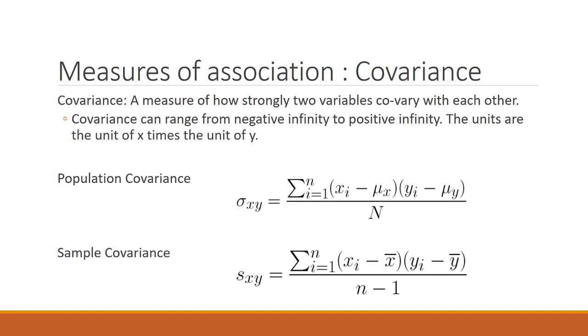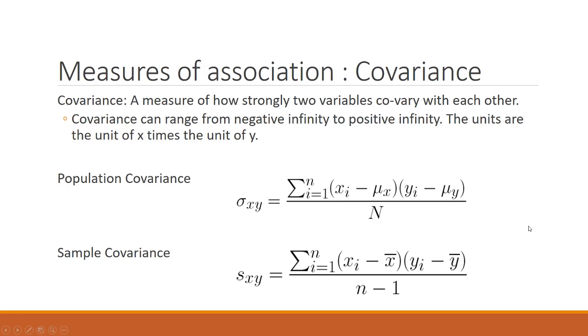The population covariance is the sum of any particular value of the variable x minus the mean of x, times any particular value of the variable y minus the mean of y. You multiply them together, sum that up, and divide by n. A similar calculation gives the sample covariance.